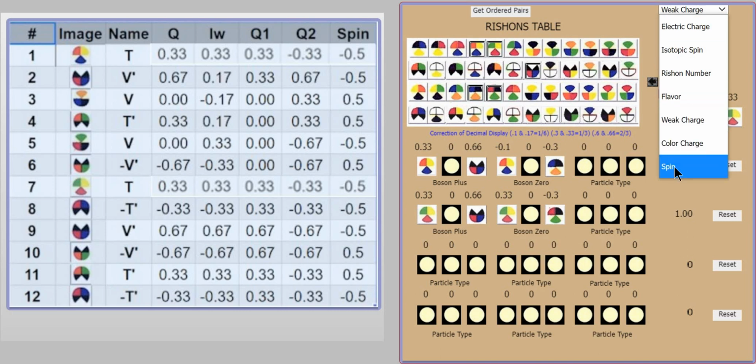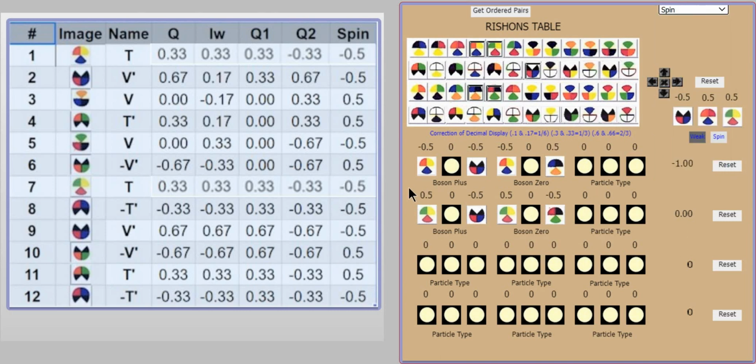And we can look at the spins again and see that the spin is -1 here and the spin here is 0, which are the appropriate quanta of intrinsic spin and weak isospin for the W plus boson and the Higgs boson.